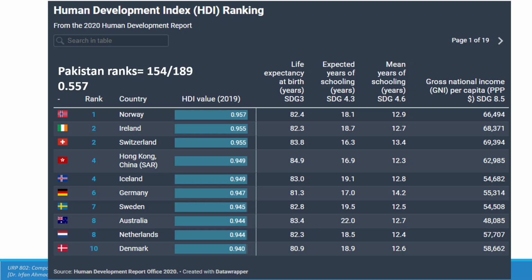Pakistan's score is 0.5 out of one, where one is the ideal and zero is the worst. So we are just in the middle. We are not too much towards positive or negative. The value is always ranked between 0 and 1. So these are some of the top 10 countries in the world which have the highest HDI values.